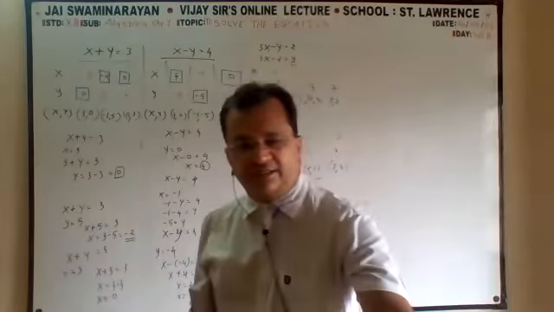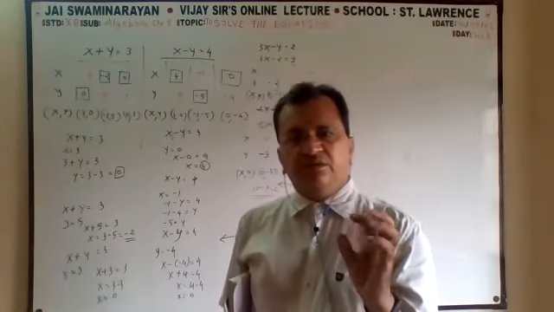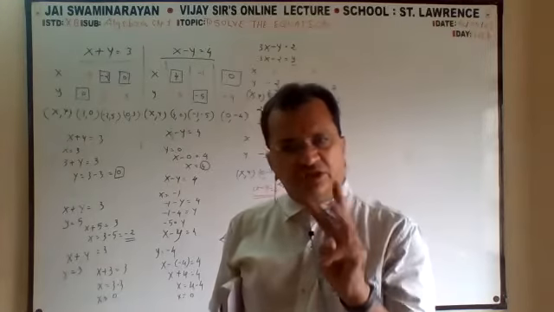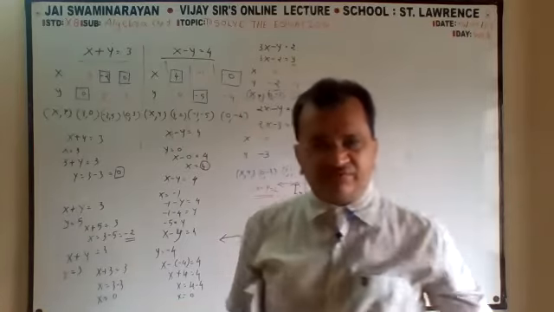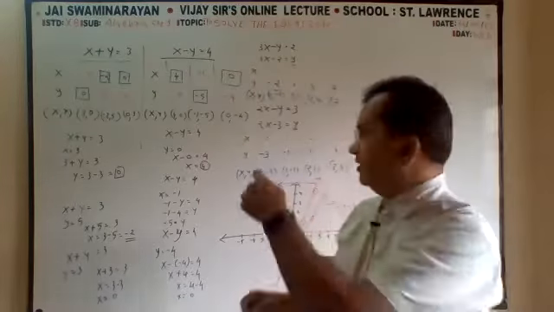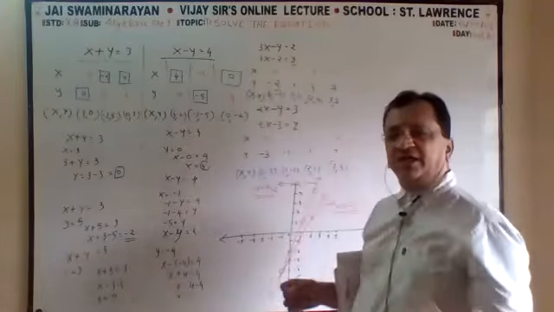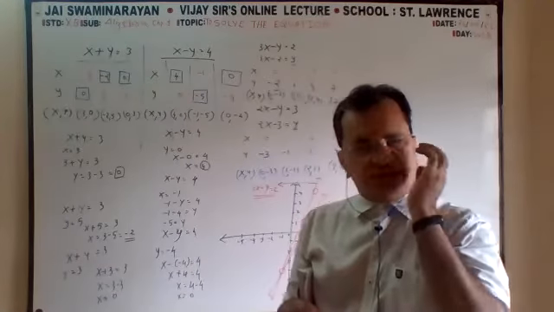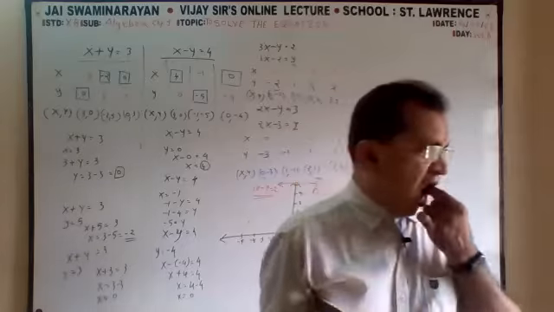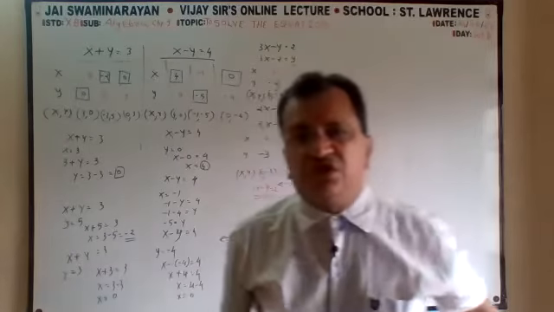Like that, make a table, take 3 points on a line, join that line first, then take another 3 points of the second table and join the line. Where these two lines intersect, that is your solution.